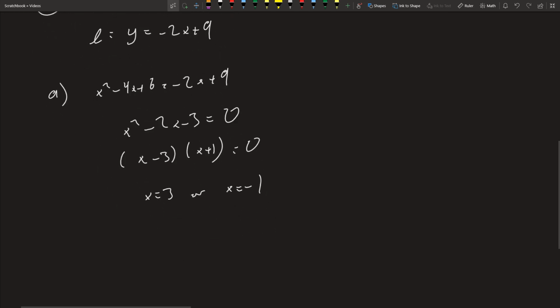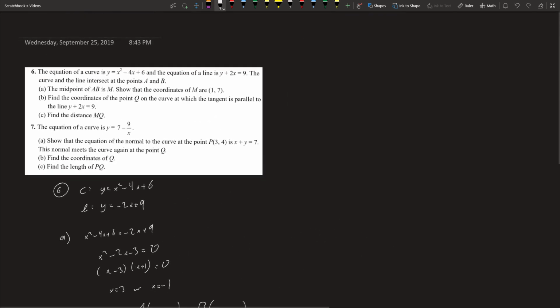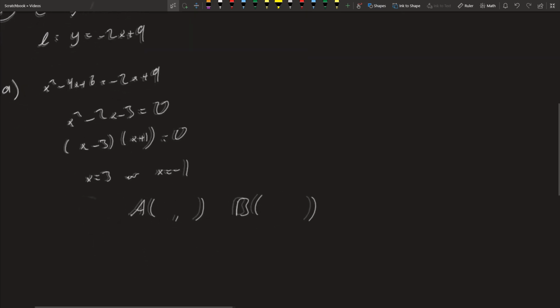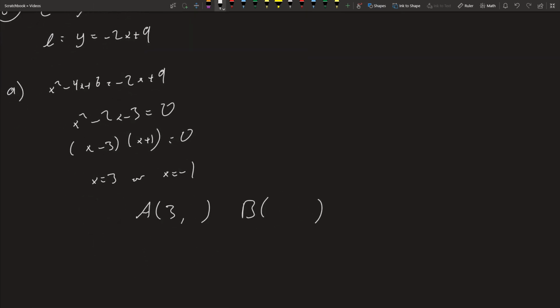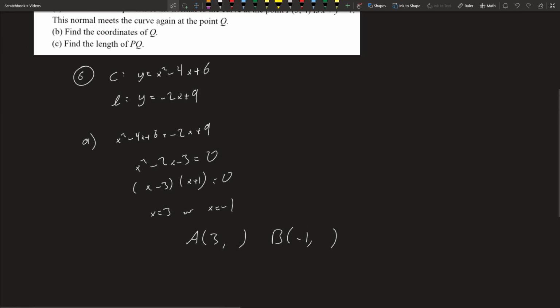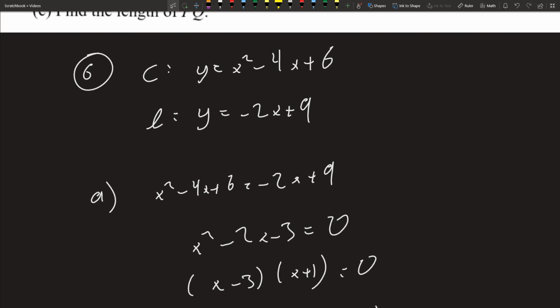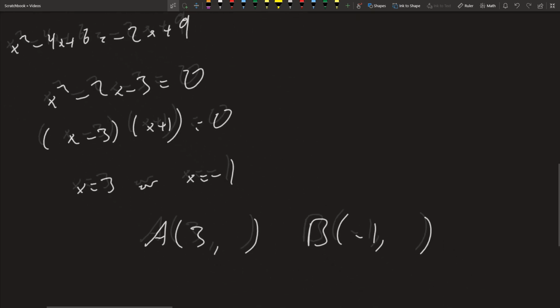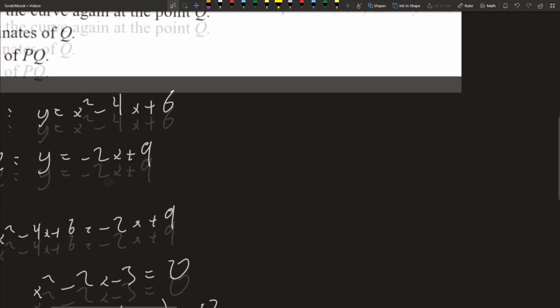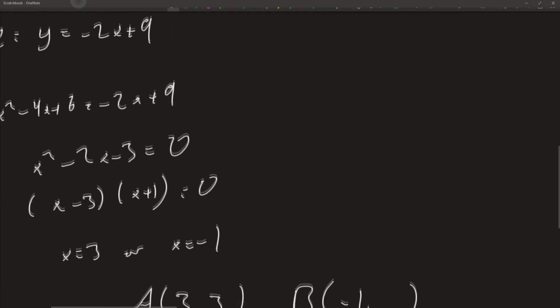That means that you have the point A and you have the point B, and they intersect at A and B, right? So we have A is 3 something and B is negative 1 something. We substitute 3 into either the curve or the line. We get, let's see, we have 3 and 3, and then negative 1, we have 11.